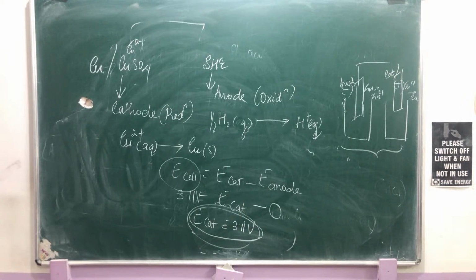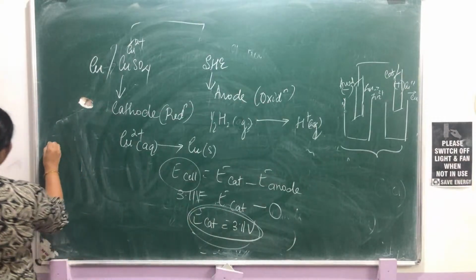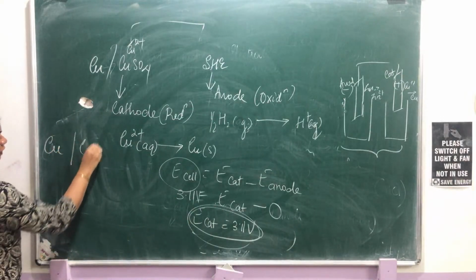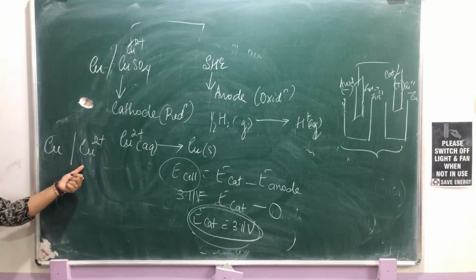One thing you might be confused about in both the experiments is, what is this reduced form? If I have copper and Cu2+, which is the reduced form and which is the oxidized form? Copper is the reduced form, Cu2+ is the oxidized one, correct? That much is clear.